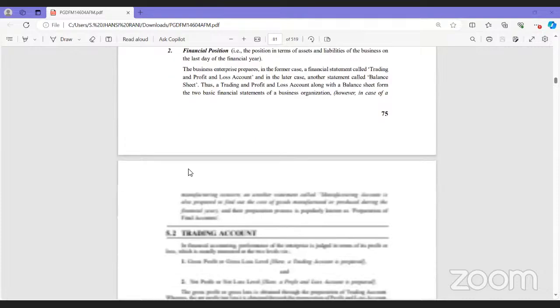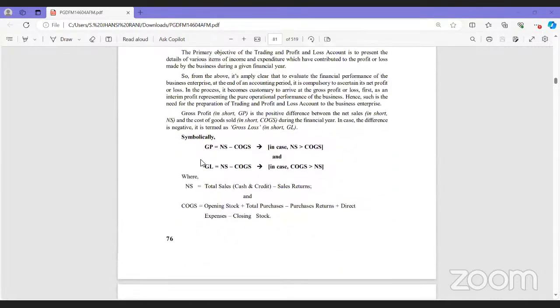So this is what they have explained, all that we have discussed just now. This is gross profit, that is net sales minus cost of goods sold.